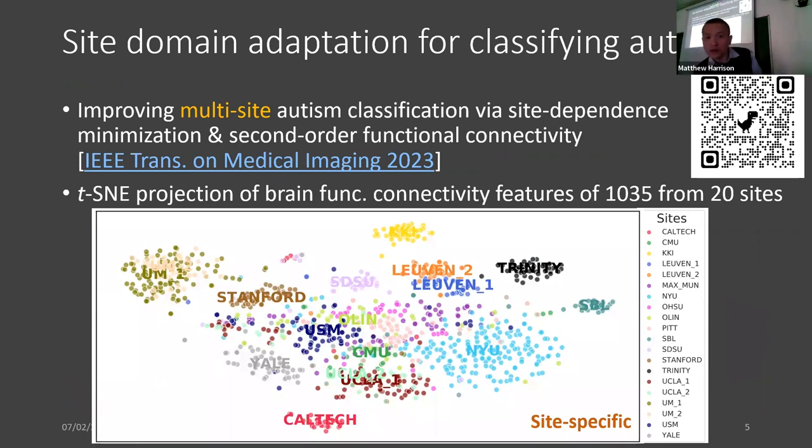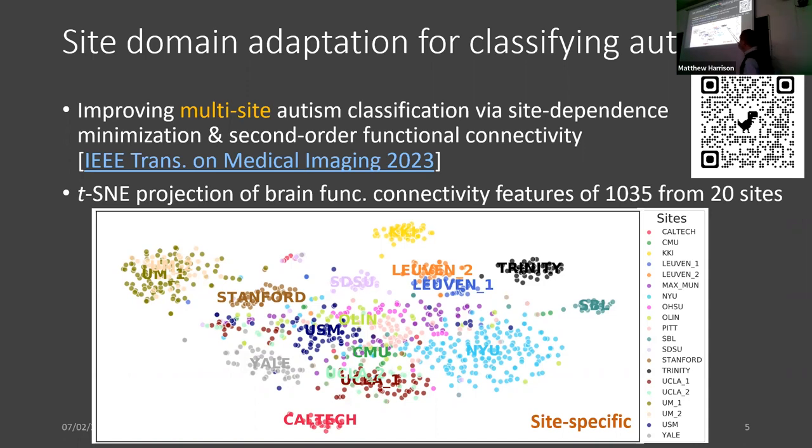So this work is our recent paper on improving multi-site autism classification through site dependence minimization and second order functional connectivity.